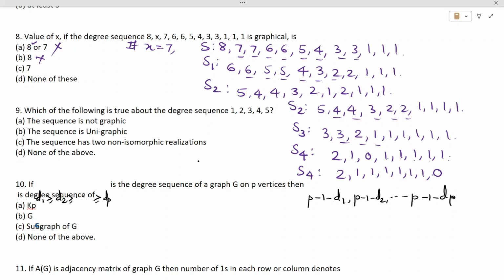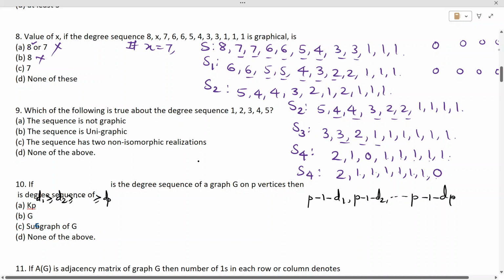So there is a graph. Let us draw a graph on 8 vertices, where there is a vertex of degree 0.